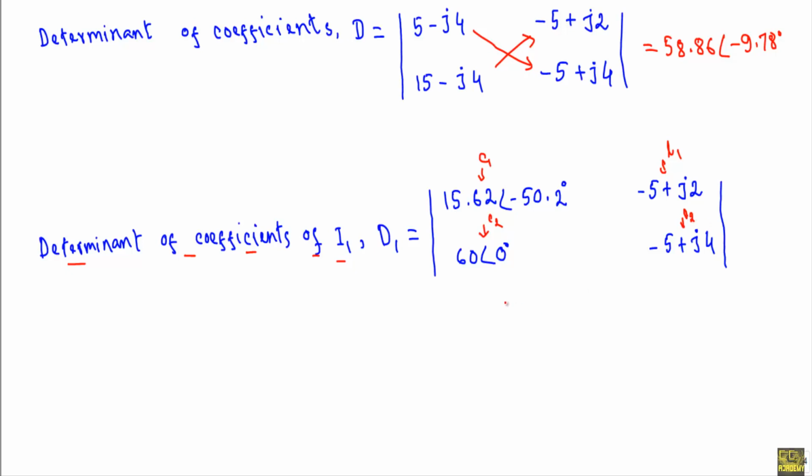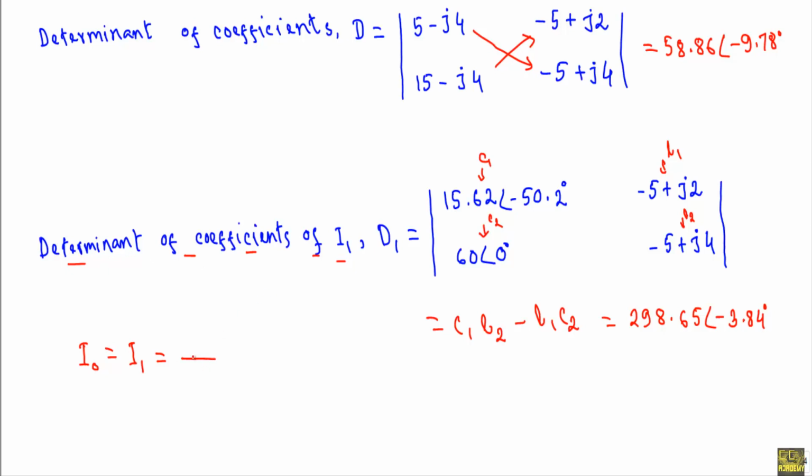If I cross multiply this, I will get C1 B2 minus B1 C2, that will be equal to 298.65 with phase angle minus 3.84 degree.